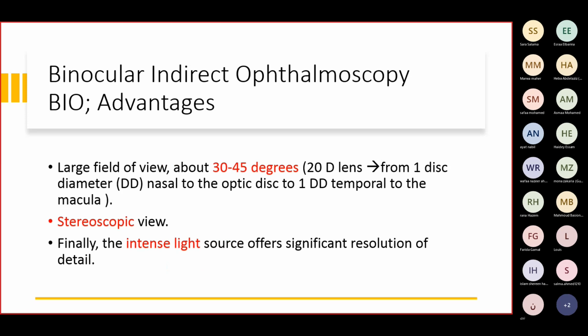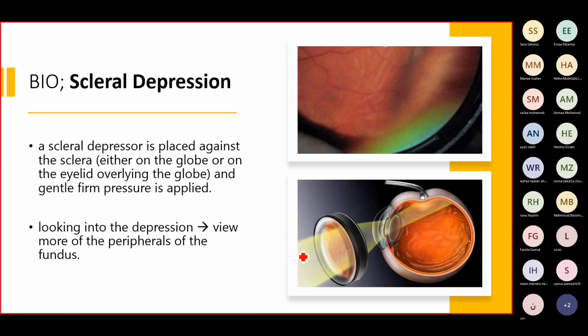The one good trick that I always advise you to do, always consider the image coming from the indirect ophthalmoscope as if it's coming from a convex surface. It's not like the direct ophthalmoscope. In the direct ophthalmoscope, for example, if you are looking at that part and you see a lesion here, you always have the tendency to move the direct ophthalmoscope in that direction in order to be able to see lower down in the eye.